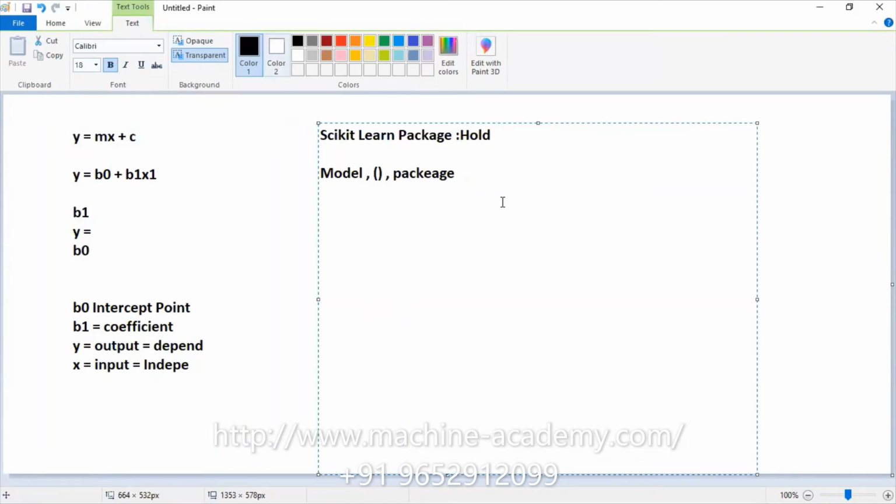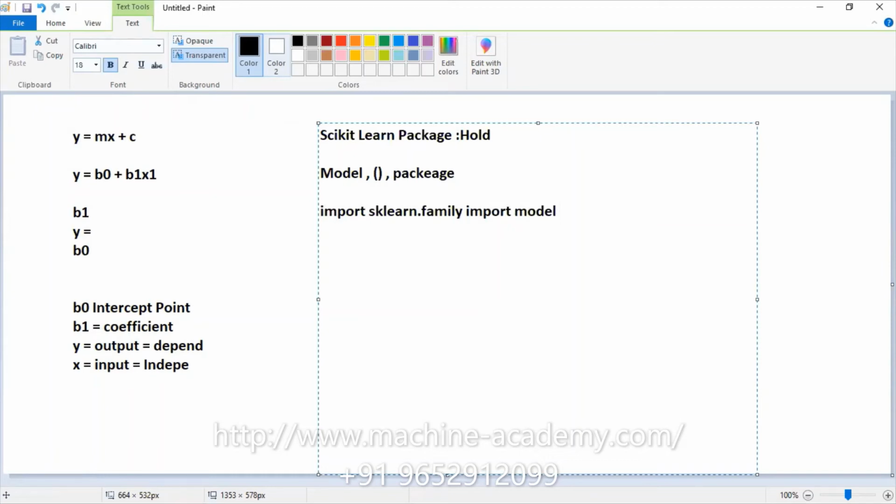Now we need to import the scikit family into the working environment like this: import sklearn dot family, import model. Or else you can call it in this pattern: from sklearn.linear_model import LinearRegression.